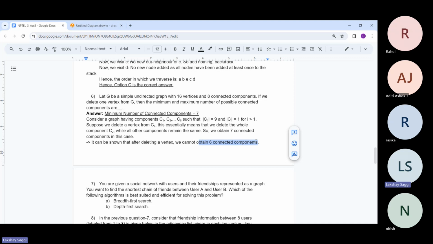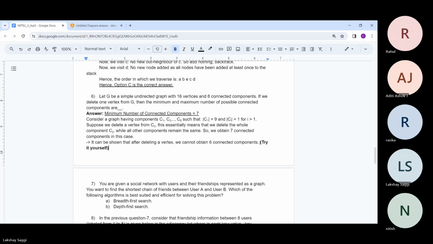There can be multiple possible cases. So maybe you can try this yourself, and I'll give you the high level idea because I don't think it's too difficult.